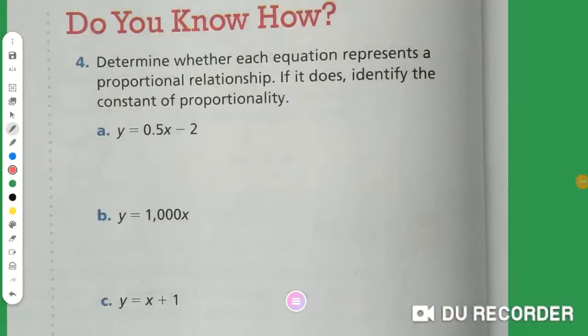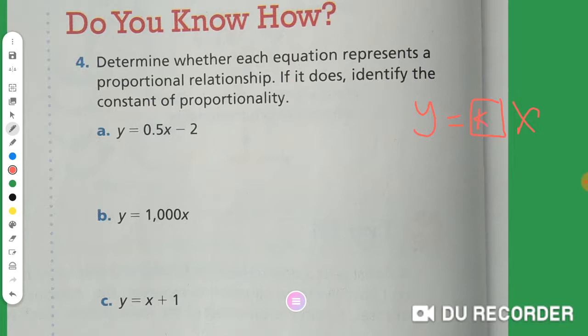In this example, he asks me to determine whether each equation represents a proportional relationship. If it does, identify the constant of proportionality. As we know, to know if the relation is proportional, I can write it as y equals something multiplied by x. This something is constant, and we call it k.